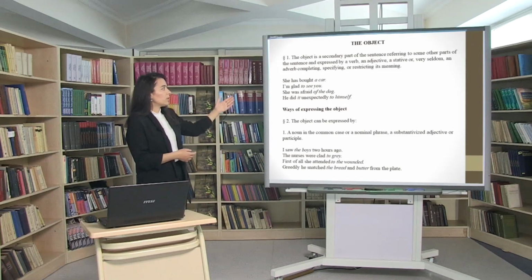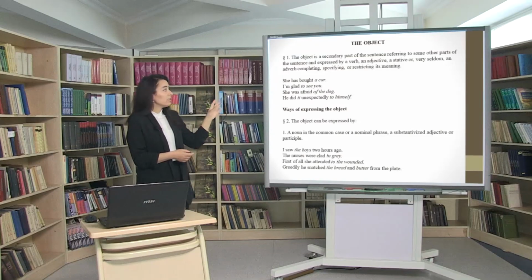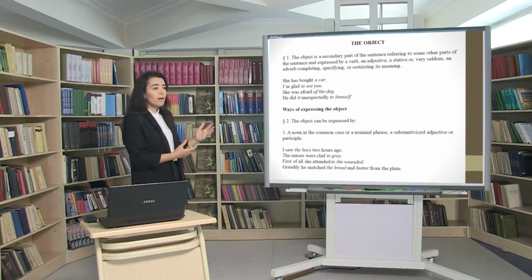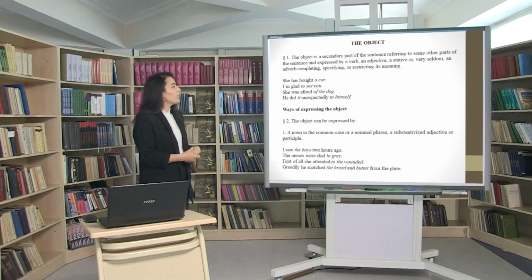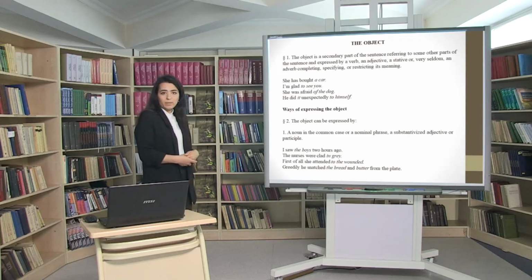For example, she has bought a car. In this sentence, a car is object, and the object is expressed by a car, which is a noun. The next example, I'm glad to see you.